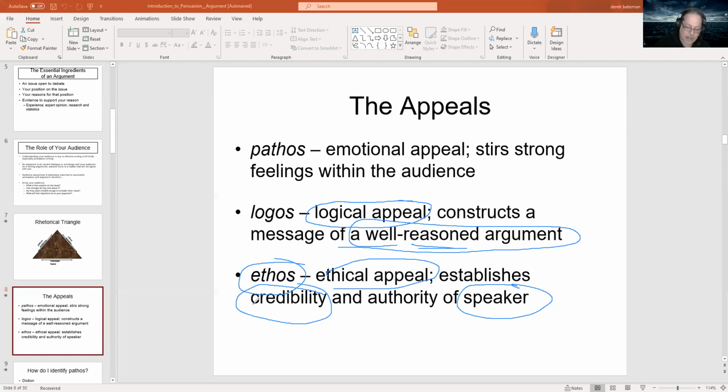Demonstrate to your audience that you are someone to be taken seriously in your analysis of this text. Well, you're limited at this stage of your careers, but the best way to do that is through your writing. The better you write, the more you establish your credibility.